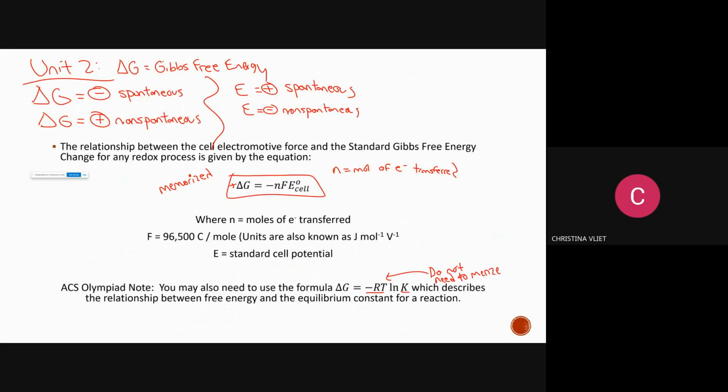Neither here nor there. F stands for something we learned earlier this unit, which is called the Faraday. And the one thing I want to point out about the Faraday here is it's 96,500 coulombs per mole of electrons. But there are other units it can be described as. It can be described as joules per mole volt.